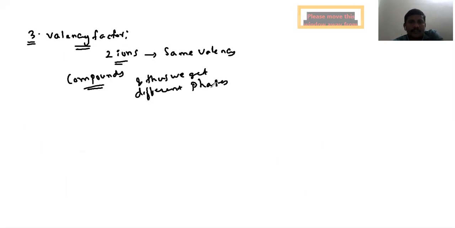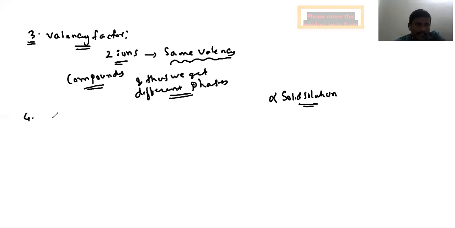In an isomorphous alloy, at the end of solidification, we have only a single phase, that is the alpha solid solution. So the two elements which constitute an isomorphous system must have the same valency.